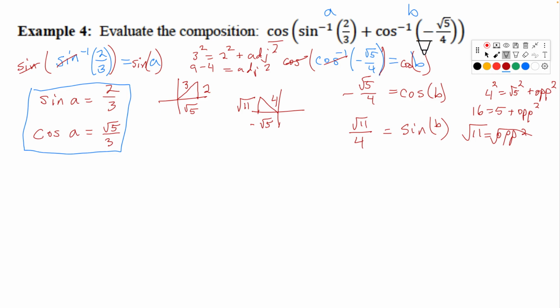Okay, so I've got these, I've got all the things I need. Now I just use the formula, cosine of A plus B, right? Cosine of A plus B is going to become cosine, cosine, sine, sine.